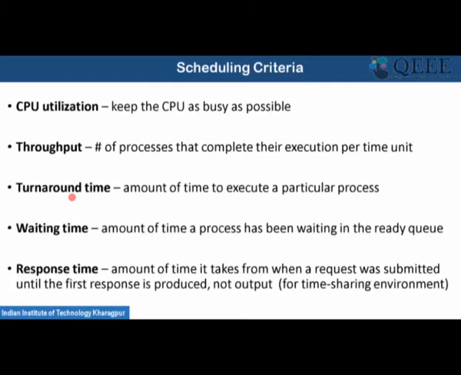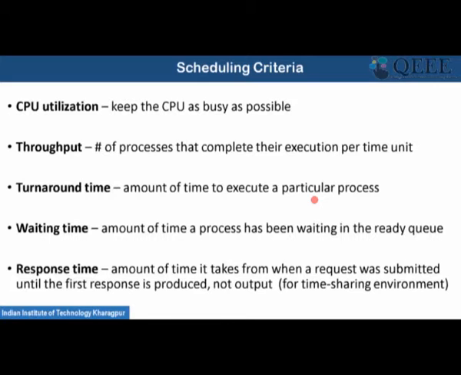Then the turnaround time is the amount of time to execute a particular process. You will see that it is not always the time duration of the process, because it may happen that a process has executed up to some point, then you have a context switch, that means it is waiting for an IO or some interrupt happens.